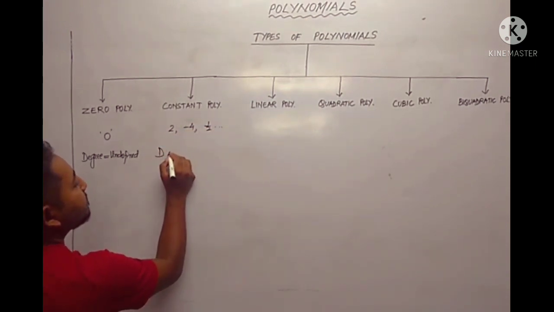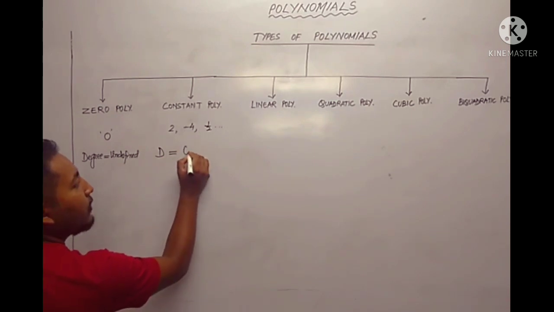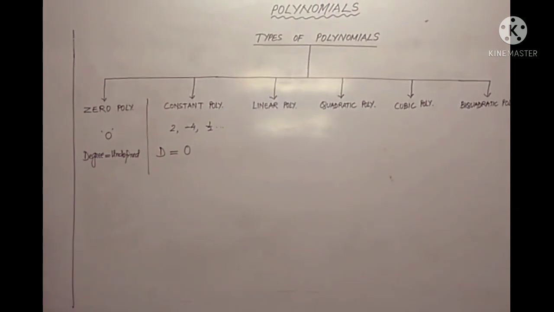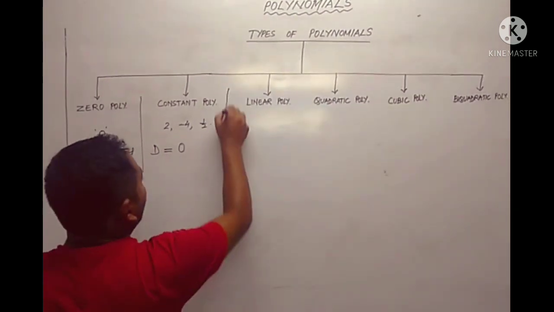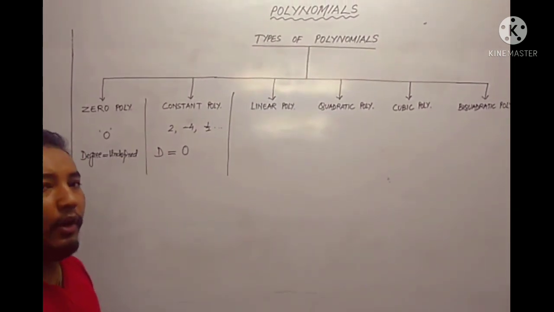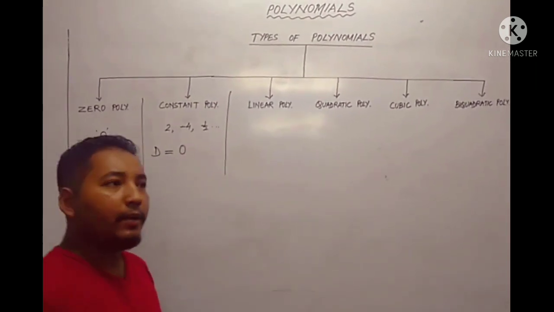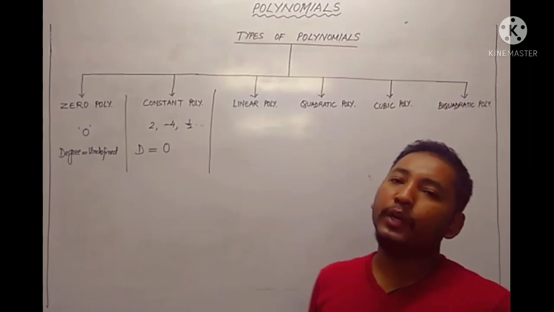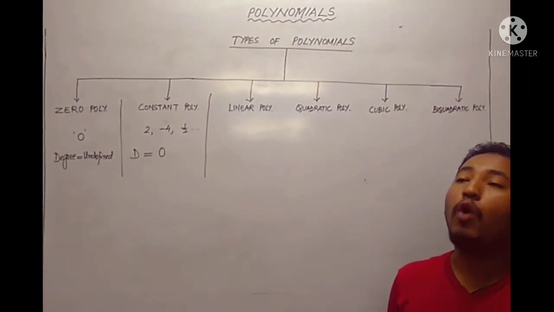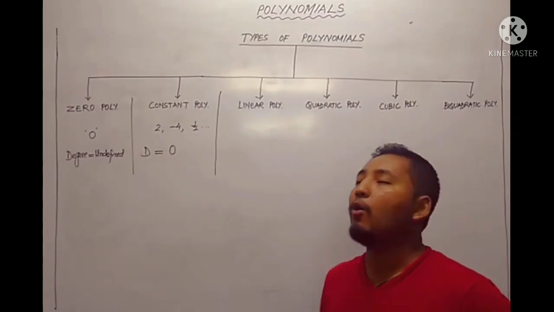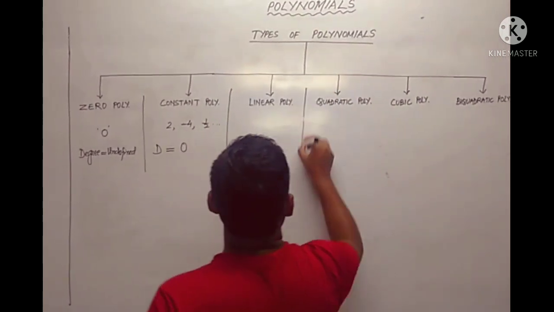Here the degree is 0. Now let us go to linear polynomial. What is a linear polynomial? A linear polynomial is a polynomial whose degree is 1, which means the highest power is 1. I can give an example.